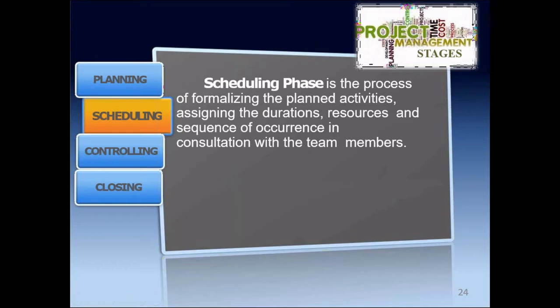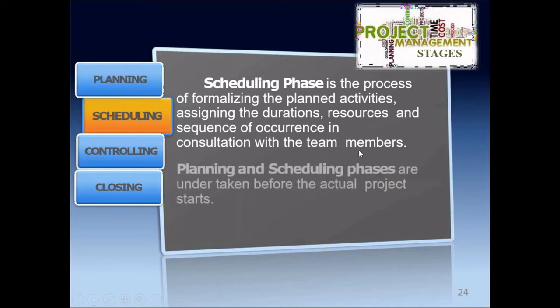For example, if a construction project is there, I will give the duration for excavation as 4 days. That is assigning the duration of the activities. Then resources: how much labor is required for excavation, and the sequence. After excavation, I will go for cleaning. So this is done in the scheduling phase in consultation with team members.